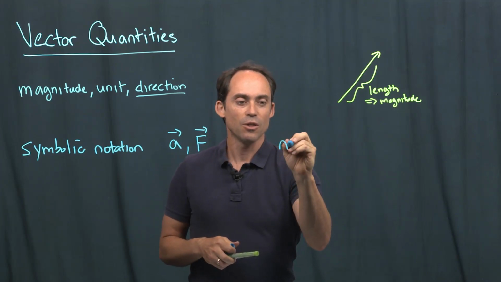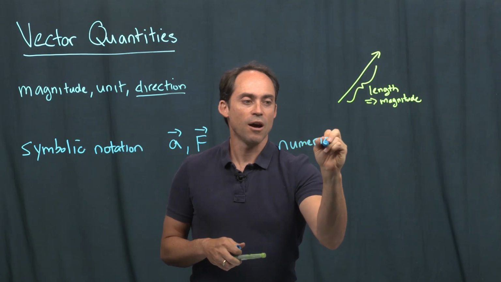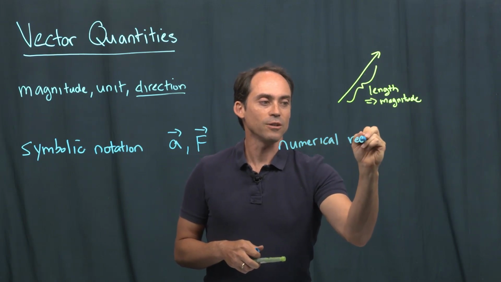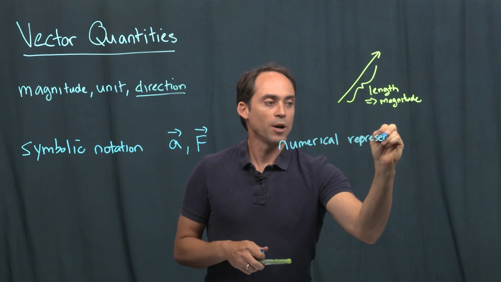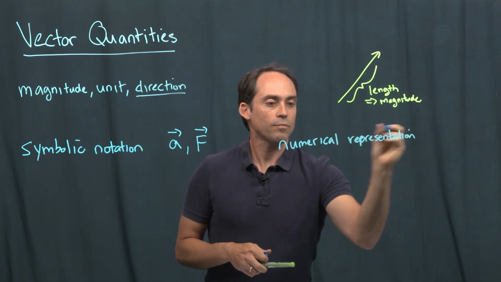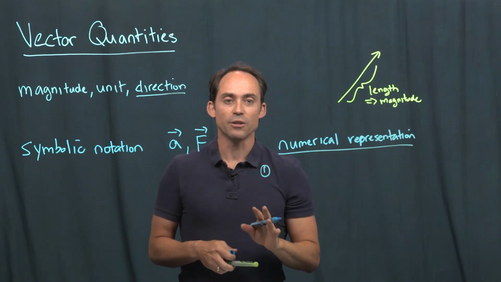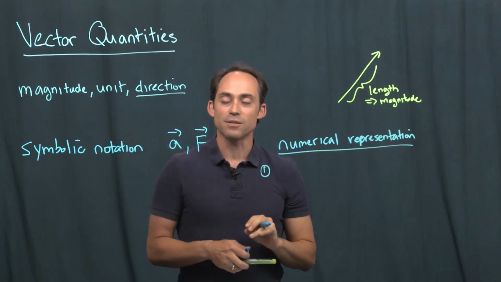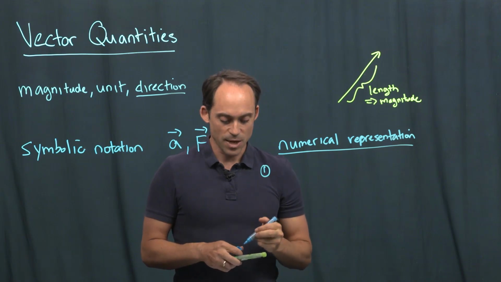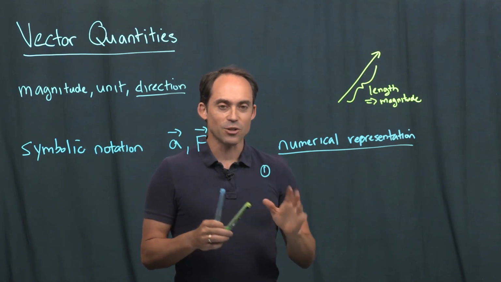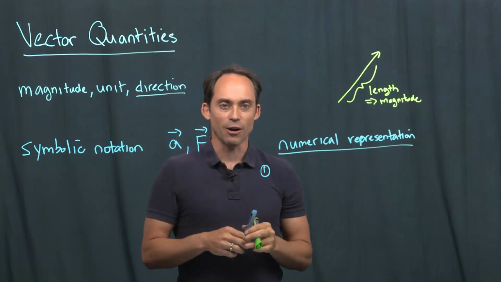There are actually three ways of writing down a vector numerically. The first one is to literally write down each of these pieces: the magnitude, the unit, and direction. In order to do that, we have to have some reference frame to point out our direction.